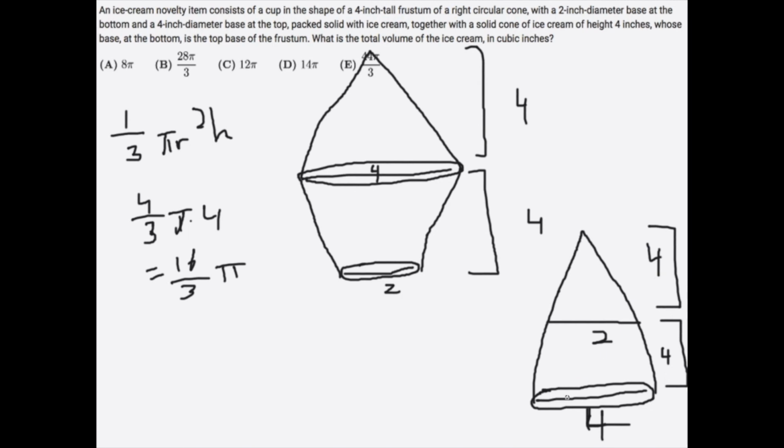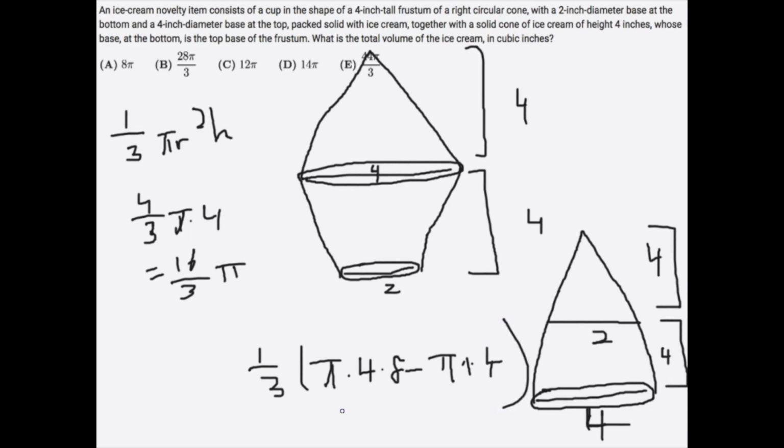So what we want to do is calculate the volume of the entire thing and subtract the volume of the smaller cone. So basically we just have 1/3 parentheses pi, this is 2, 2 squared, h is going to be pi times 4 times 8 minus pi r squared, r is 1, times the height, which is 4.